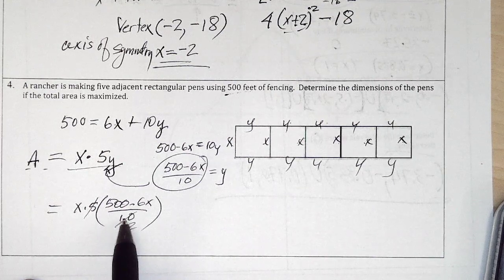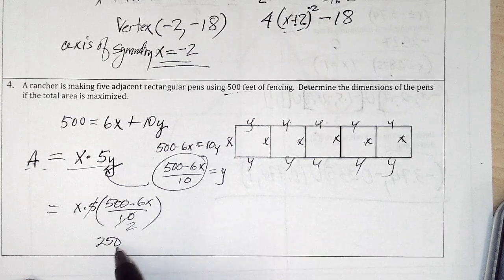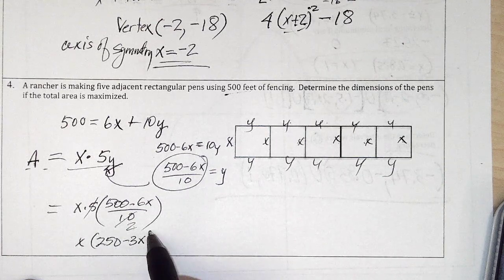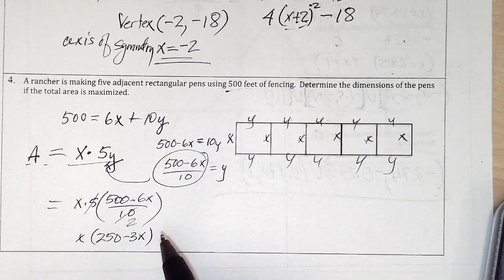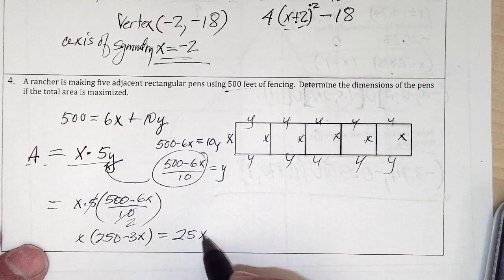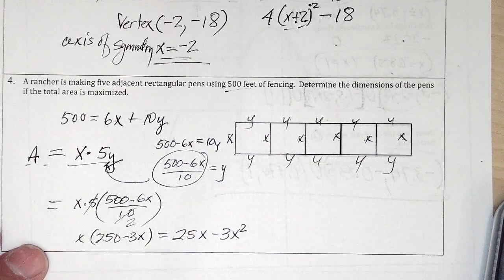5 goes in there 2 times. 2 goes into that would be 250. 2 into that is minus 3x times x. And so this is 250x minus 3x squared.